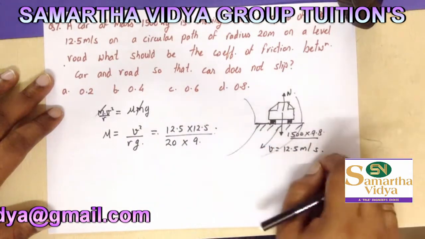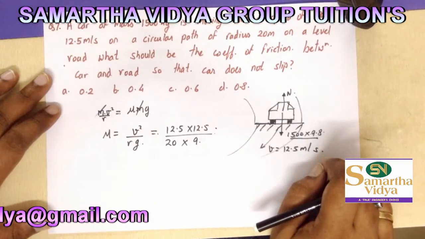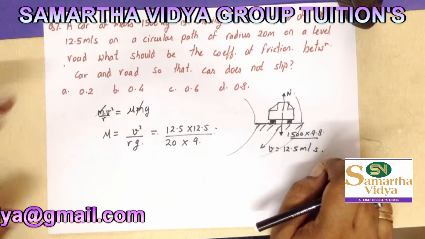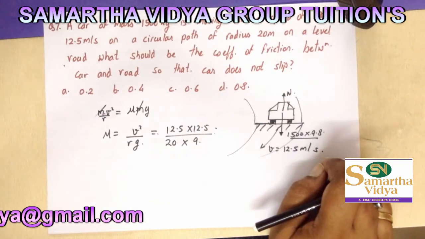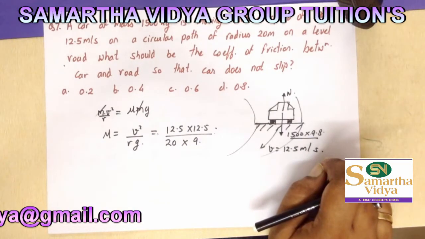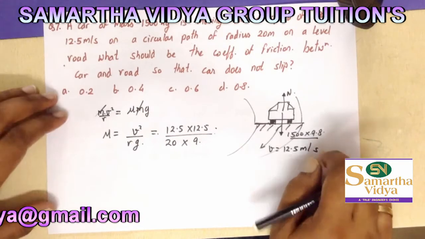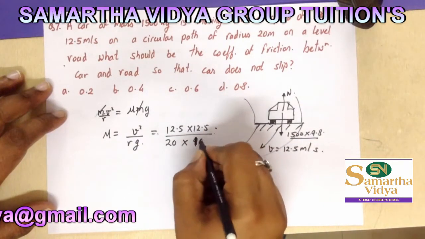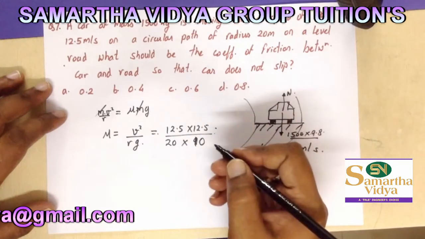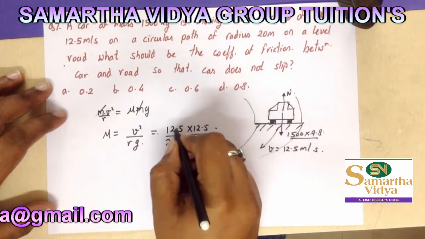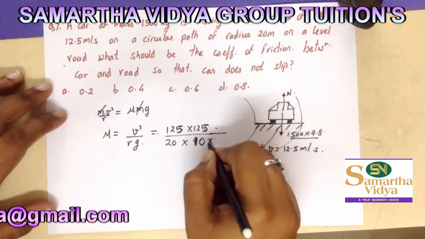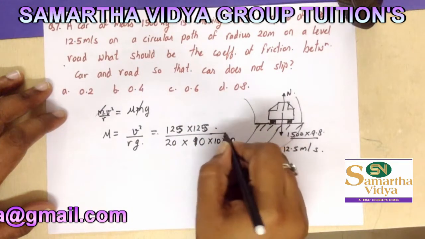Now for simplicity of calculation, instead of 9.8 we can consider this as 10. This is just for simplicity's sake. And we can write this 12.5 as 125 by 10 and by 10.